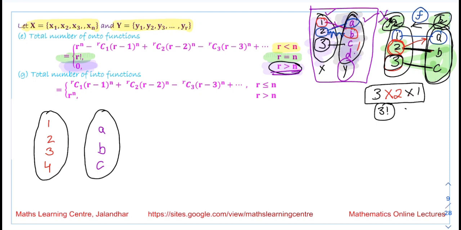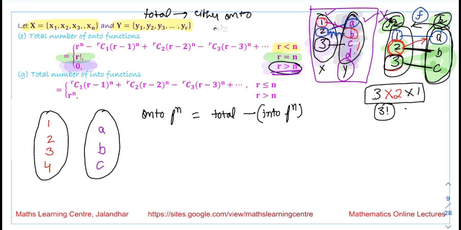So the number of onto functions will be equal to the total number of functions minus the number of into functions that can be formed. If any function is given to us, either it is onto or it is into.